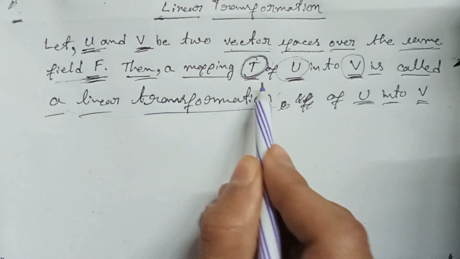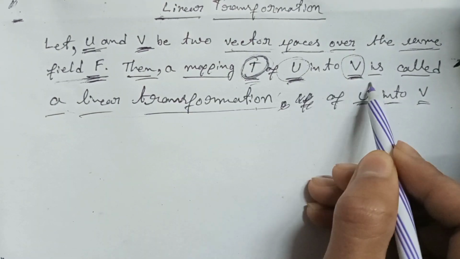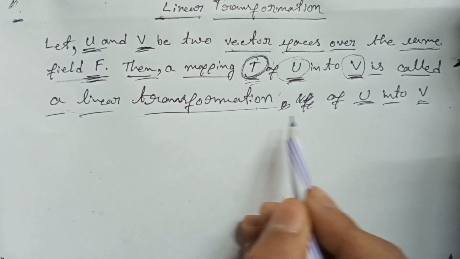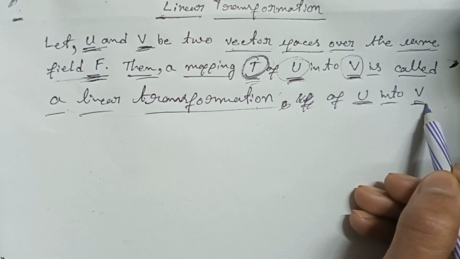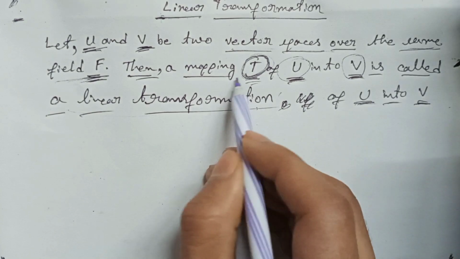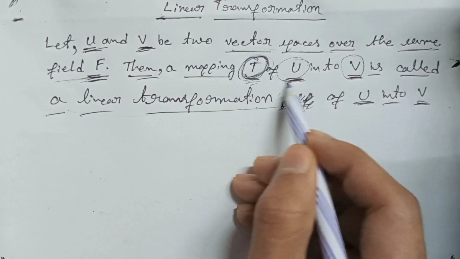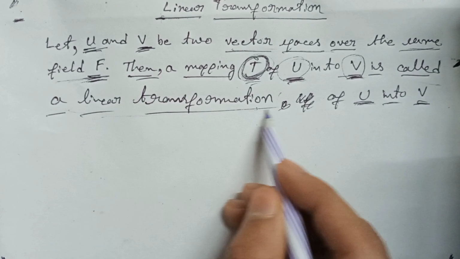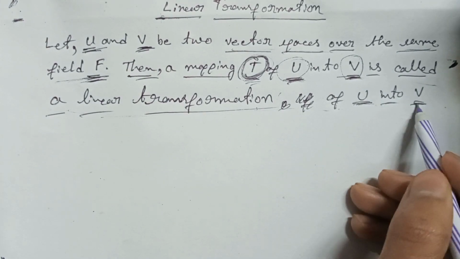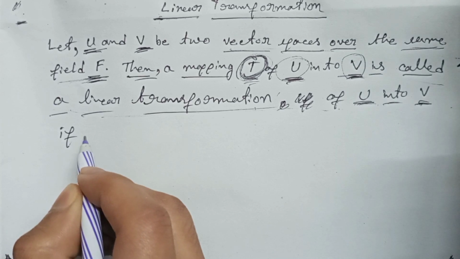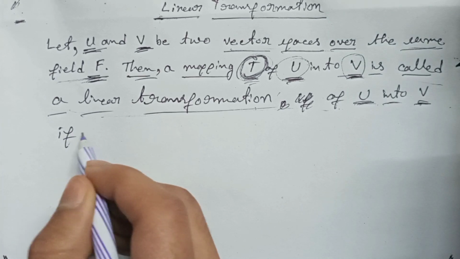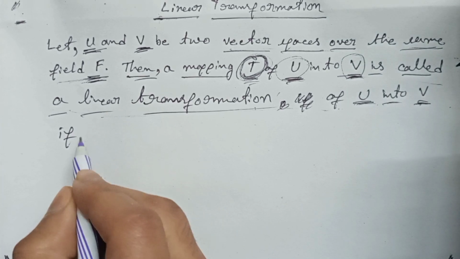Then a mapping T of U into V is called a linear transformation of U into V if it satisfies two conditions.